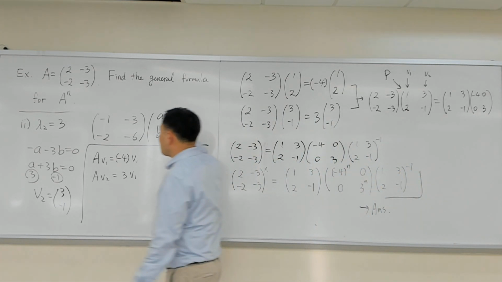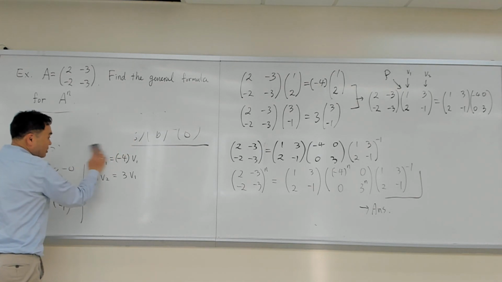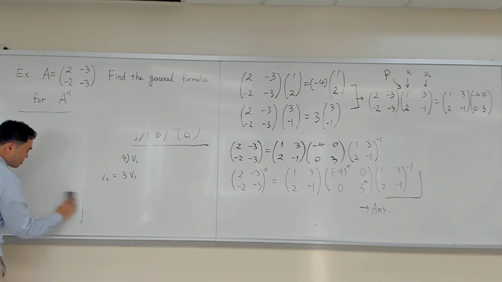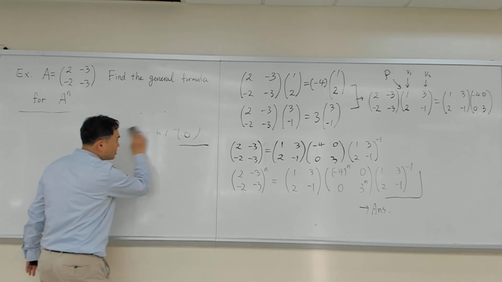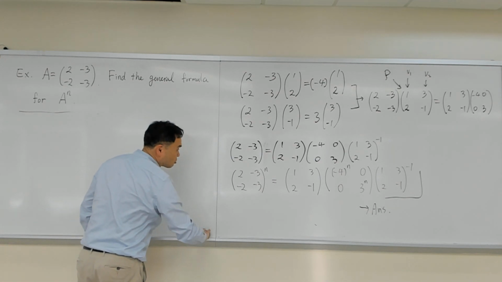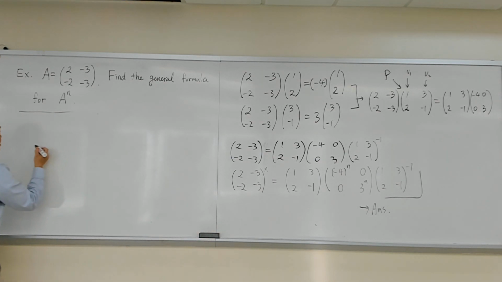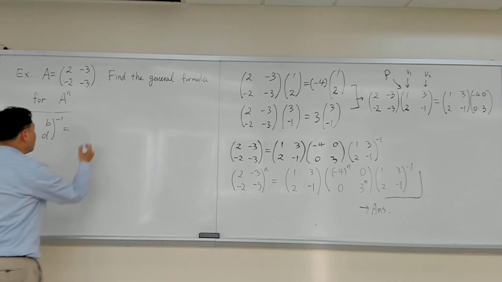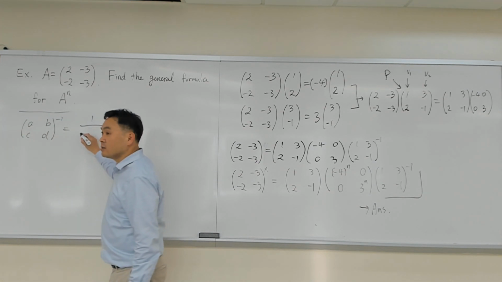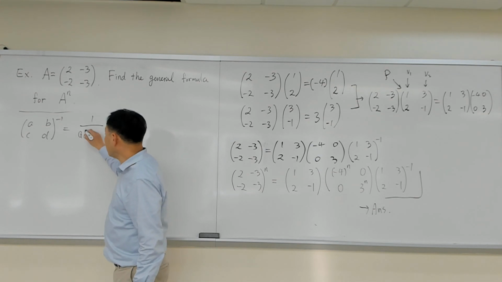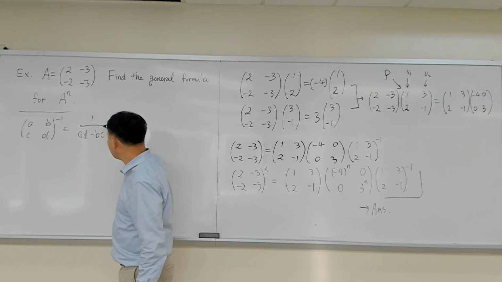But if you want to know further how that can be simplified more, let's walk that extra mile. So let's see. Who here remembers the inverse of a 2 by 2 matrix formula? What is it? 1 over AD minus BC.